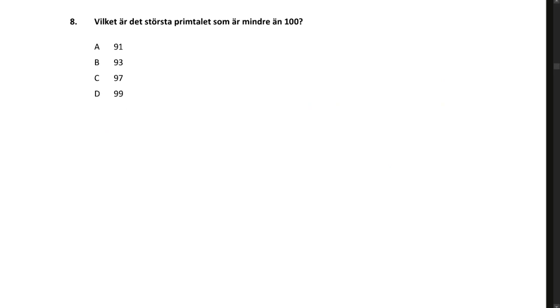It says, which of the following is the biggest prime number that is less than 100? A prime number, primtal, is a number that only has two factors.